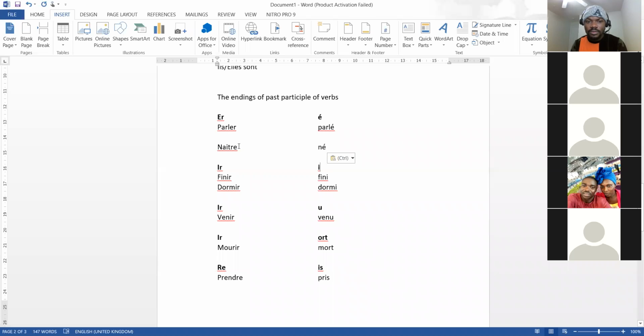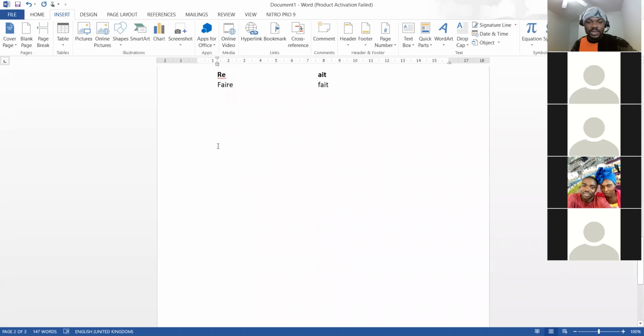So it's also a special case. So this is what can also guide you while you are conjugating your verbs or learning the past participle, knowing which auxiliary to use, and then knowing what the ending of the past participle will look like.